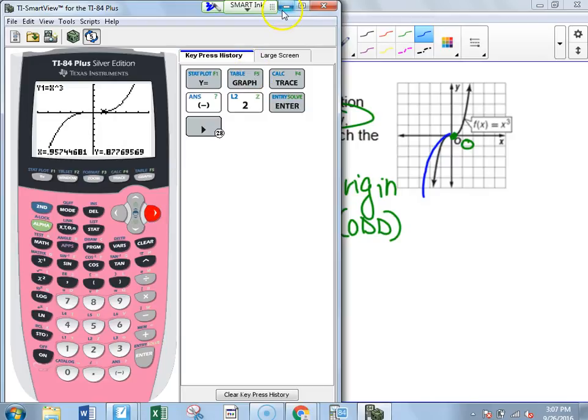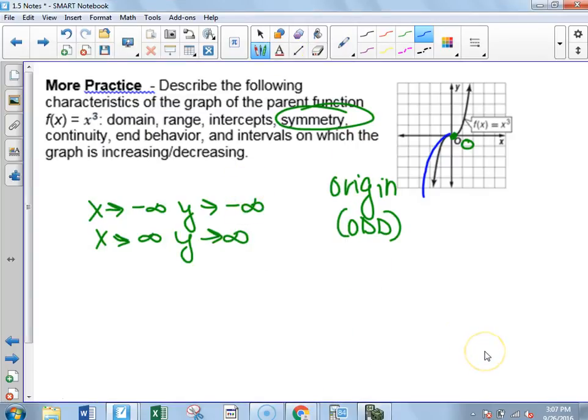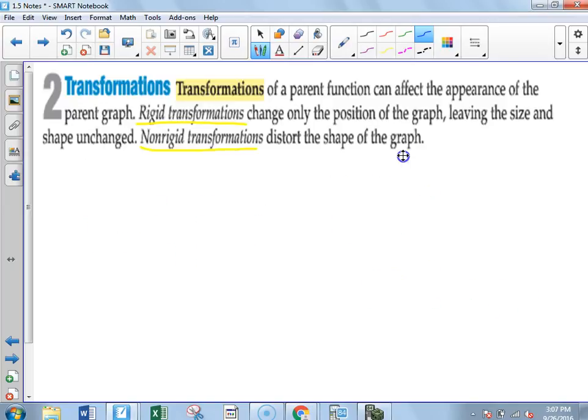Okay? So even though it looked like it flattened out, the y value was always increasing. So this graph is increasing from negative infinity to infinity. Okay? The whole time I was going up, it changed concavity maybe, but it didn't change increasing, decreasing. All right, ready to try transformations. Transformations are all the things you can do to the graph.